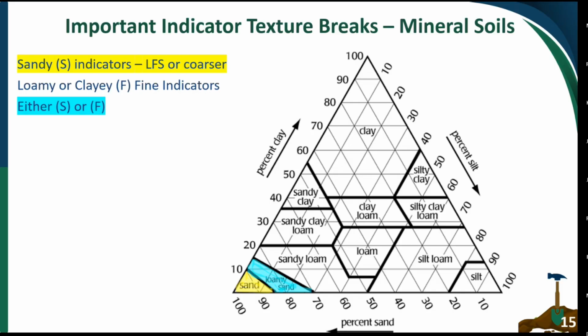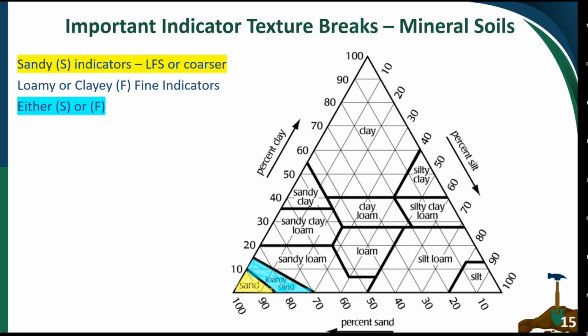So if you look at the texture triangle here, all textures that fall into the yellow highlighted area qualify as having S or sandy indicator status. All textures that are white or uncolored fall into the F or fine or loamy soils category. Soil textures that are in blue can fall into either category.